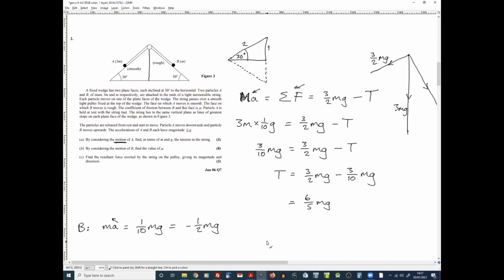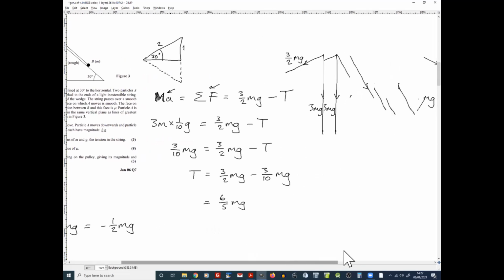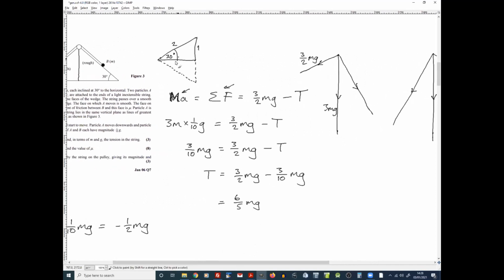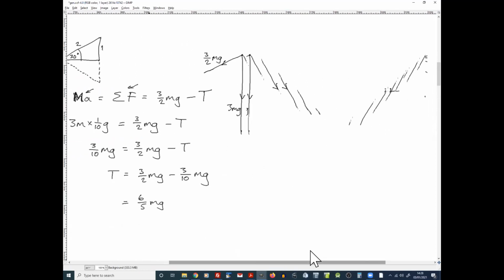Yes, of course, so the reaction force will be mg cos 30, in other words the magnitude of this component. But you're calling it m again when you mean mg. What's cos of 30? Look at the triangle again. Root 3/2. Yeah, good.